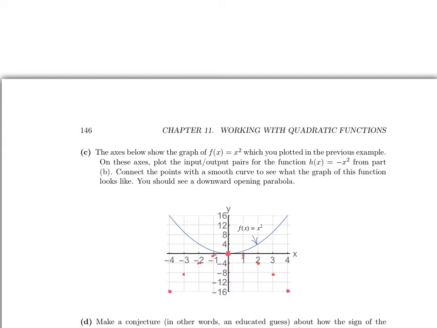Now if we connect these points with a smooth curve, it looks something like this. So in fact, we do see a downward opening arch, or a downward opening parabola. So notice here that the upward opening parabola corresponded to an a value of 1, and the downward opening parabola corresponded to an a value of -1.